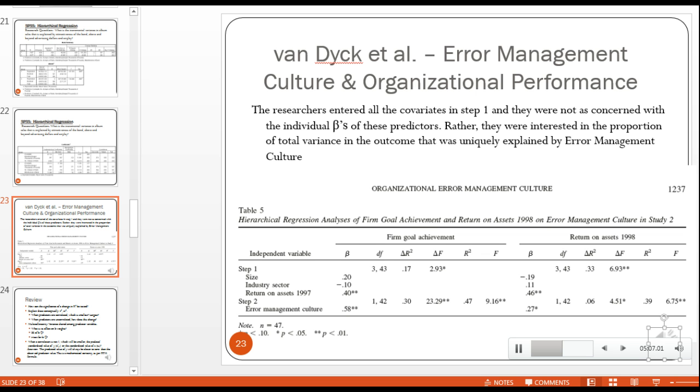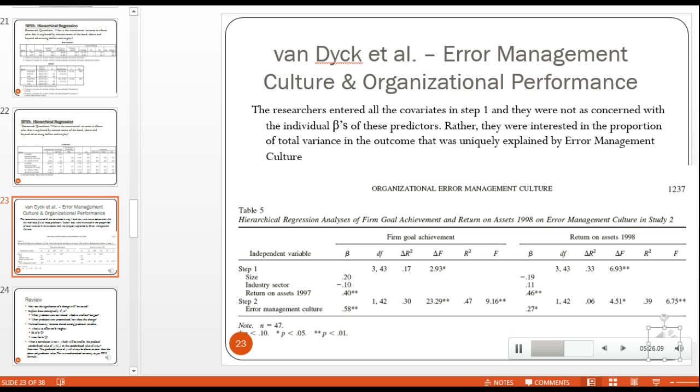So again, in this investigation, the researchers probably didn't care as much about the B weights of the covariates necessarily, but they just wanted to understand the incremental variance accounted for by their focal variable, which was error management culture.